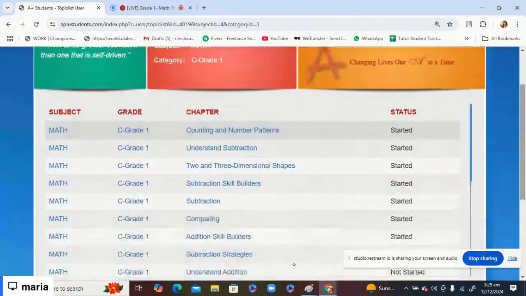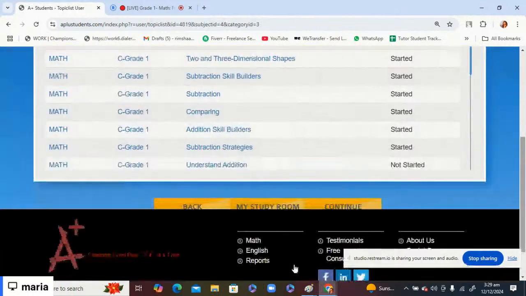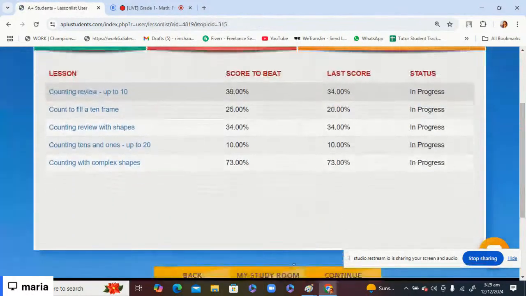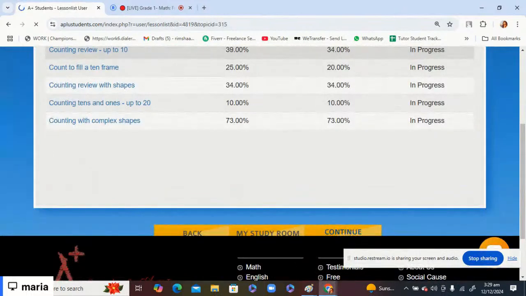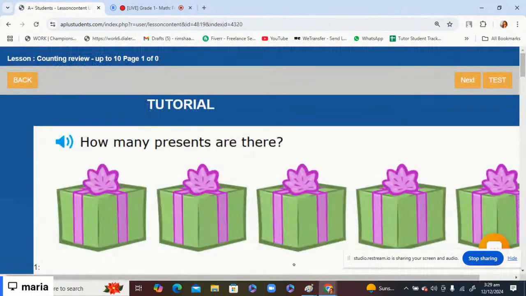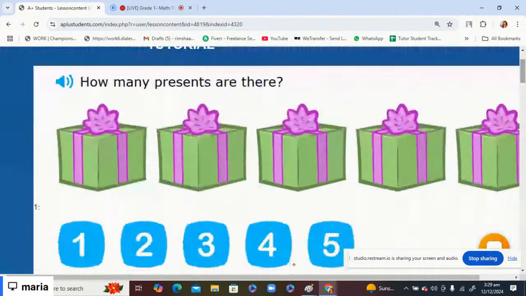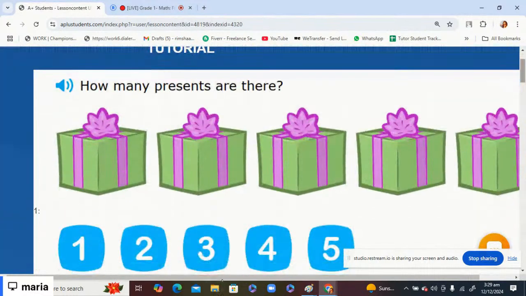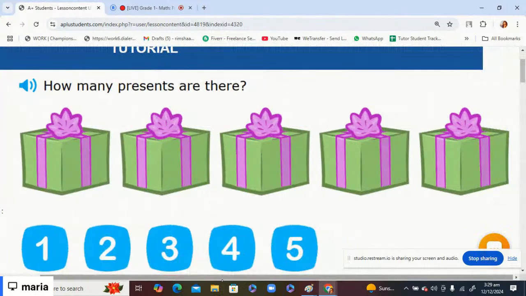Okay, this is counting and the number patterns, and then we are going to cover the very first lesson for this very first chapter, that is counting review up to 10. All right, so how many presents are there? So look at here, how many total presents are there? Just count it and then tell me.